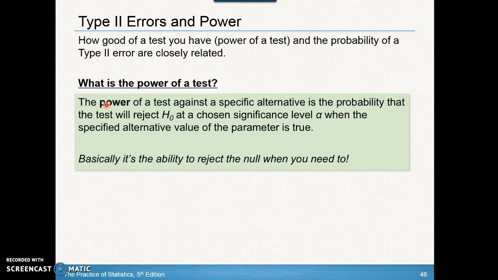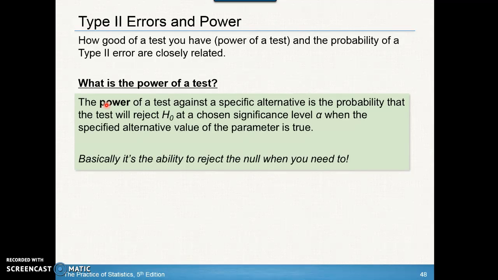Now, remember the type 2 error is failing to reject the null when it's false. The power of the test is the probability or the ability to reject the null when it is false, okay? So type 2 is failing to reject it when it's false, and the power of a test is rejecting it when it actually is false.